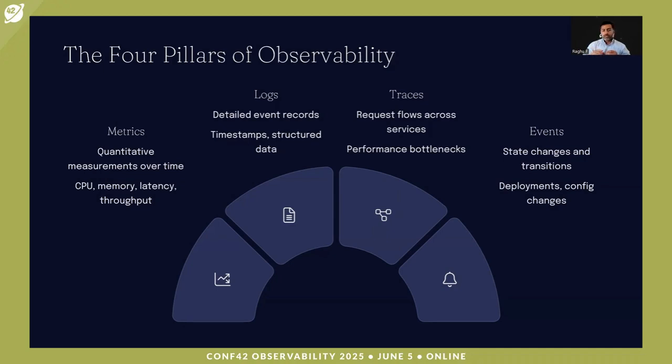Traces show the request flows across the services, helping us identify performance bottlenecks. Whereas events capture the state changes and transitions like deployments and configuration changes. Together, these 4 pillars give us a comprehensive view into the behavior and operation of our systems.